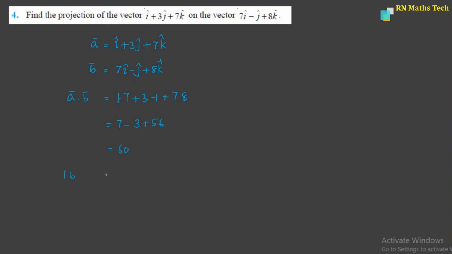Now mod b bar equal to root of 49 plus 1 plus 64, is root of 114. Projection of a bar on b bar equal to a bar dot b bar divided by mod b bar, that is 60 divided by root of 114.